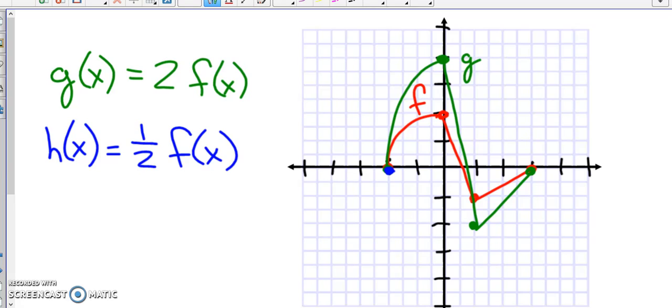This stays put, that one goes there, that one goes there, and that one goes there. So this blue one is H. And now that you've got some colorful spaghetti action going on, there you have it.